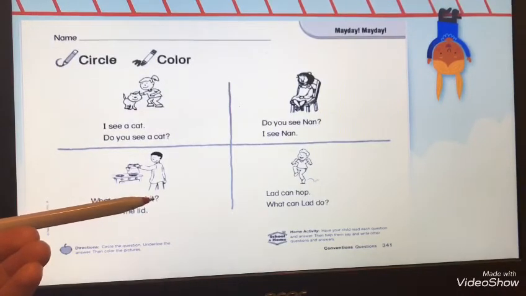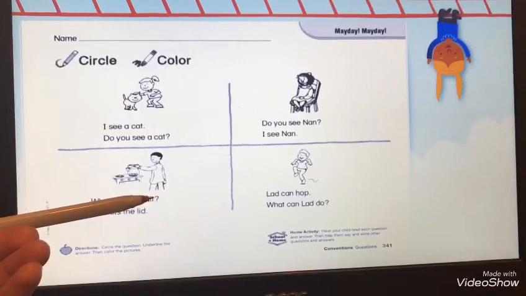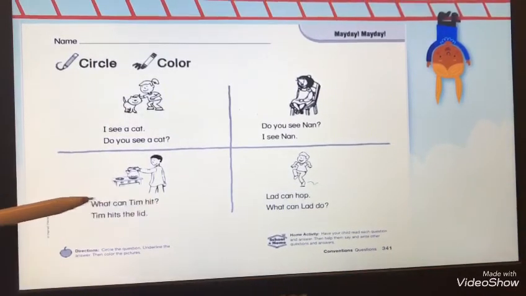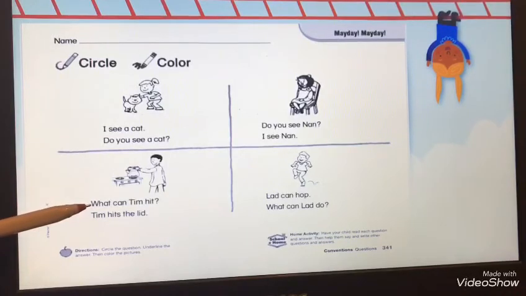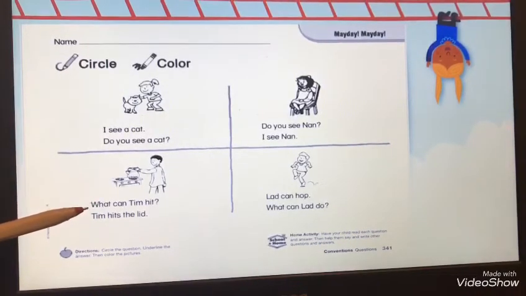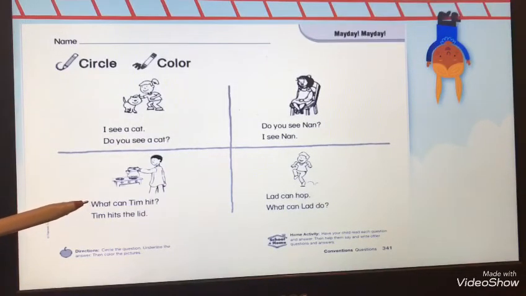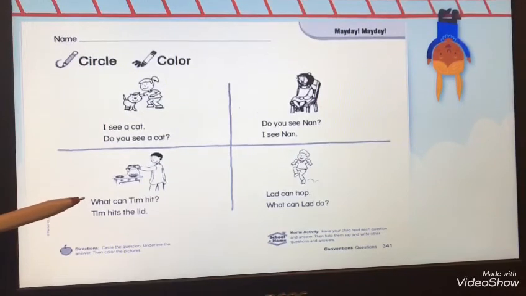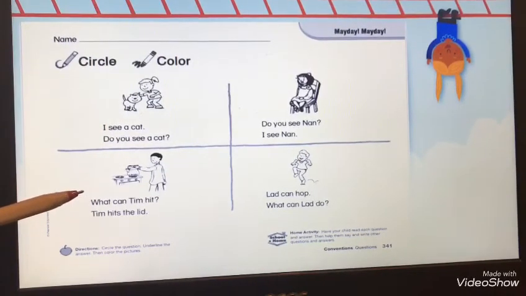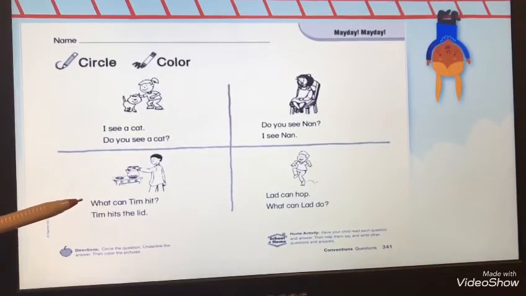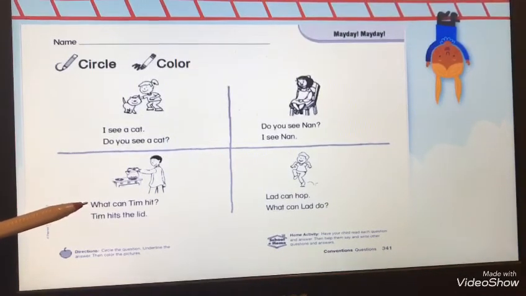We have a question mark, right? So, what do we call this? We call it a question sentence. Yes, very good. Now, if this is the question sentence, what do we have to do? We have to circle it. Yes, very good. Circle the question sentence.